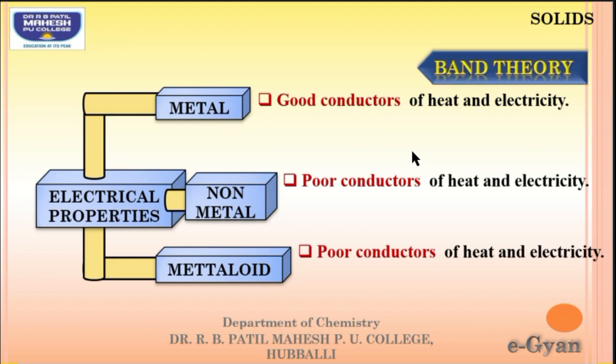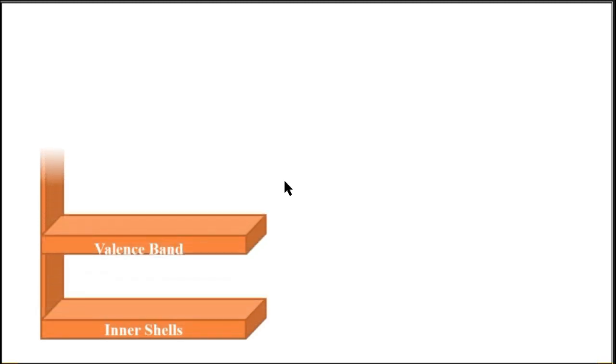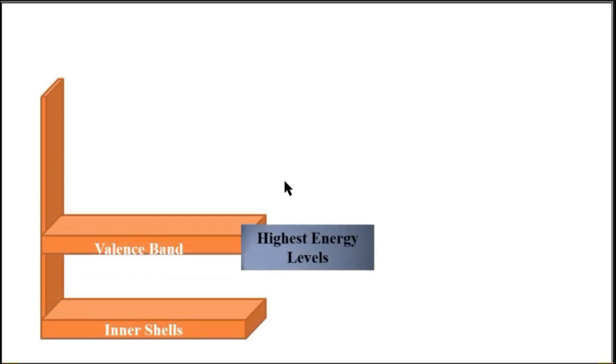The properties of these substances, whether it is a good conductor or a poor conductor, can be explained with the help of band theory. According to band theory, every substance or metal has an inner shell and a valence shell.